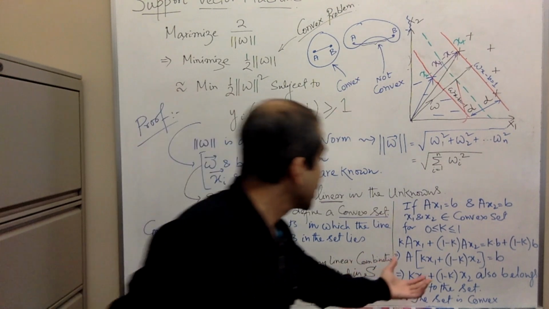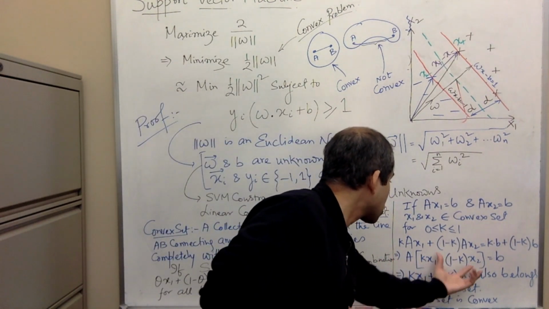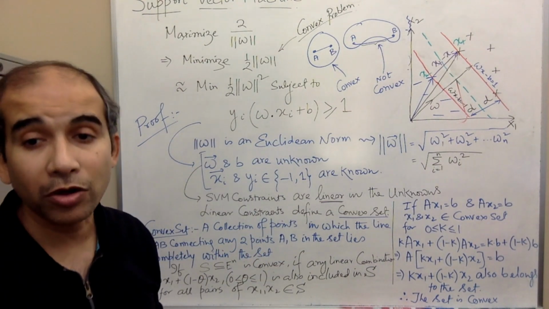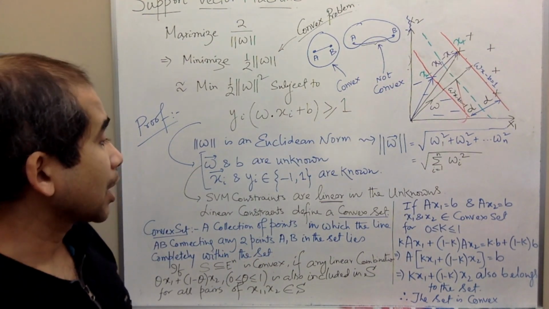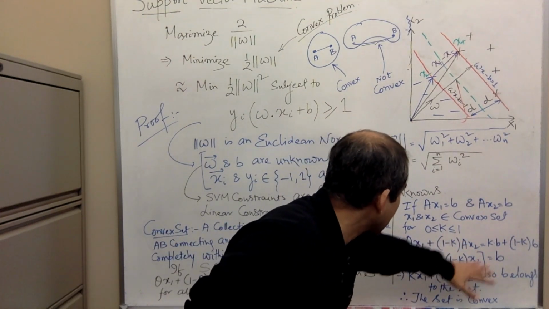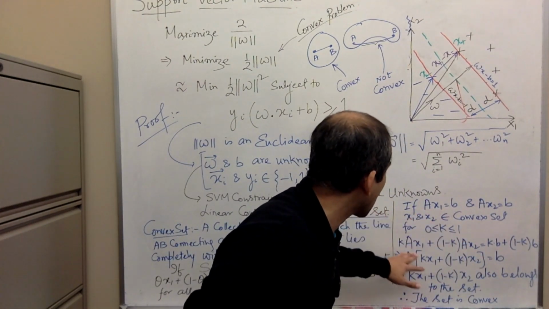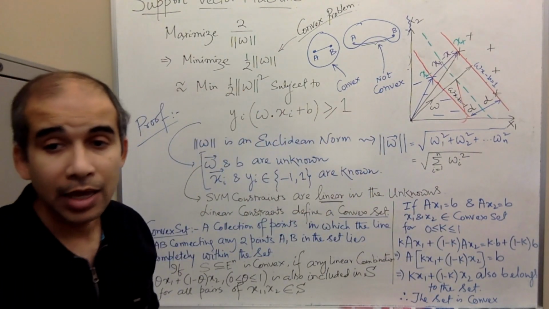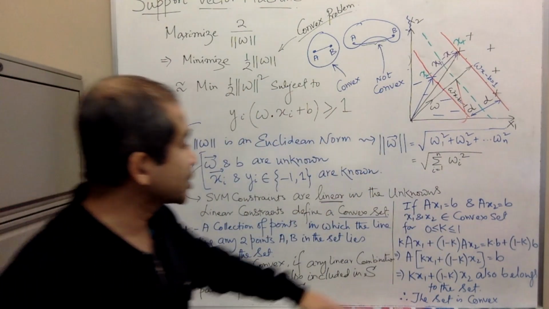So for any value of k, this will be all the points which belong to the set. This combination can be considered as a particular x, and it satisfies the formula a x equal to b for any value of k between 0 and 1. So this set is convex.